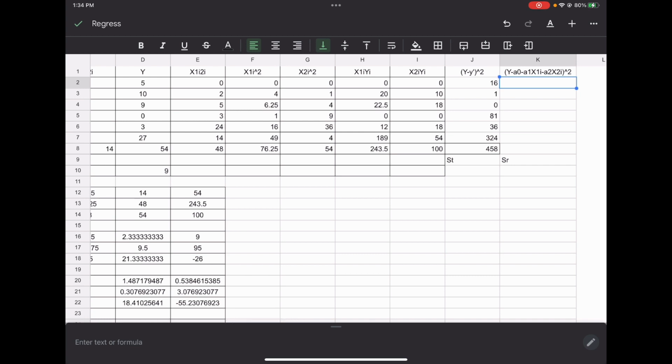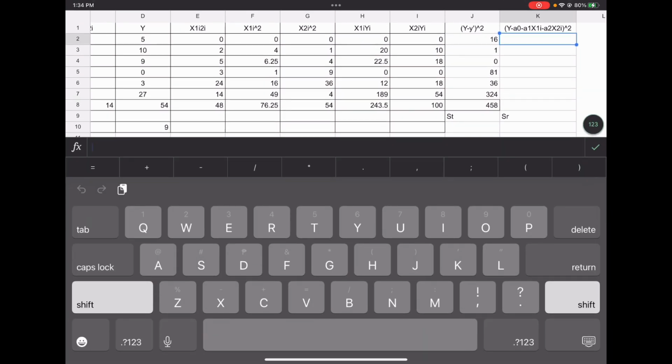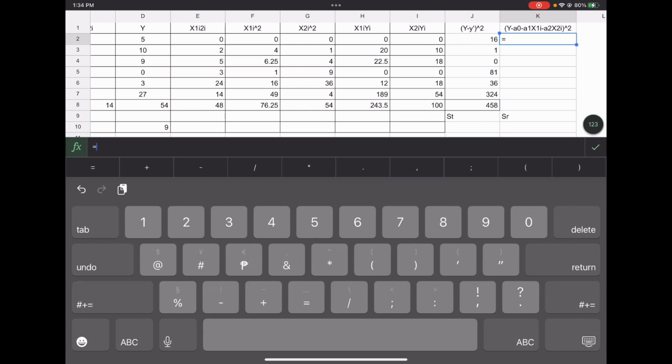So that will be equal to, we start with y sub i, which is the 5, then minus the product of a sub 0. A sub 0 is 5. We have a 5, a 4, and a negative 3.